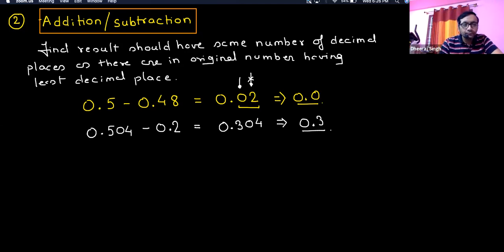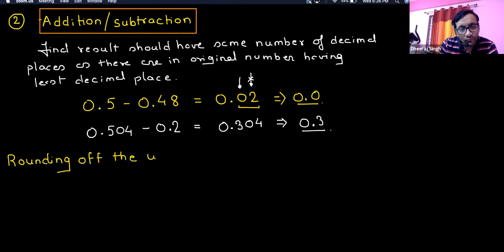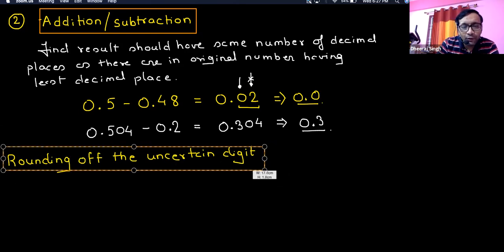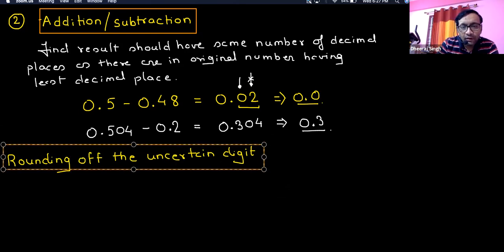Now comes the rounding off rule. Write down rounding off the uncertain digit. Suppose in order to use the above rules, you have to drop a few digits. For example, in this case, you have dropped 0 and 4.